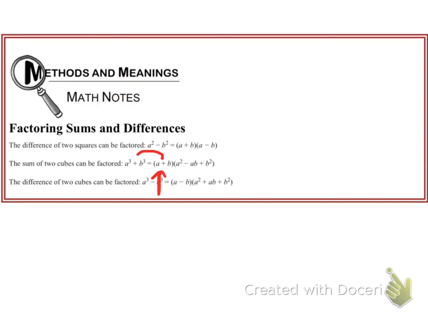The sign here stays the same, cube root of that one to get the b. Then you take that and you square it. Your sign flips from what the original was. You take these two things here and multiply them together. And then you take the b and you square it. So we're going to see if we can implement that right now.